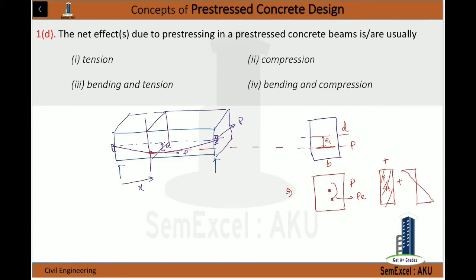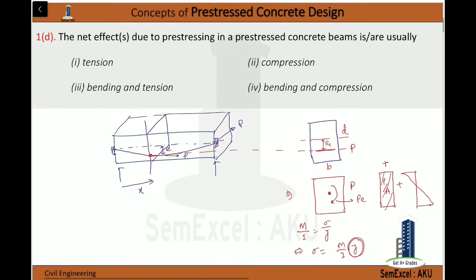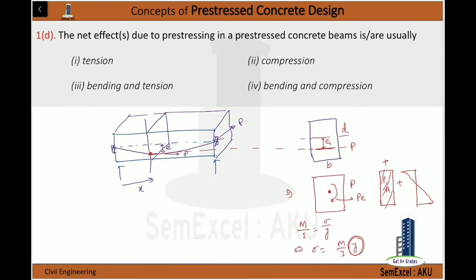From the bending formula we know that M by I is equal to sigma by Y. So sigma is equal to M by I into Y. This is a linear variation in Y. Now if we have some load, some UDL, then due to that UDL again we have some stresses, and due to that external load we have compressive stress at top and tensile stress at bottom, like this.